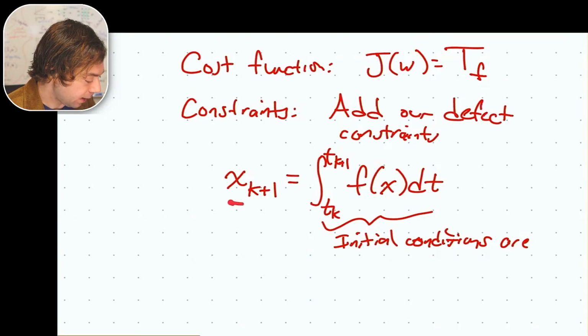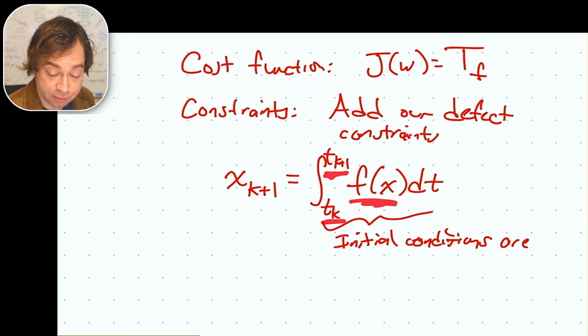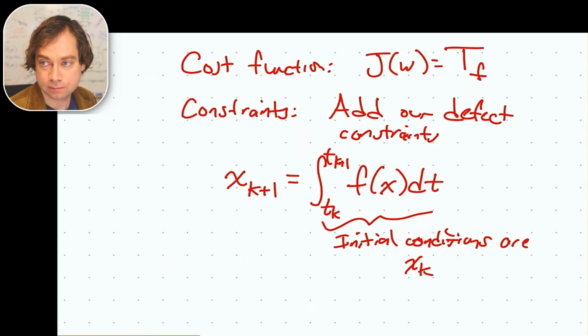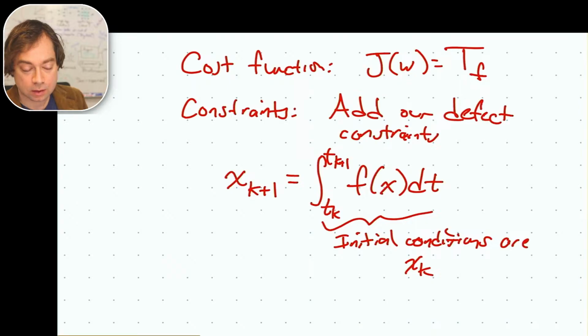Okay. xk plus 1 is equal to the integral from tk to tk plus 1 of your dynamics f of x dt, where your initial conditions are xk. So that's what we're going to have to simulate.